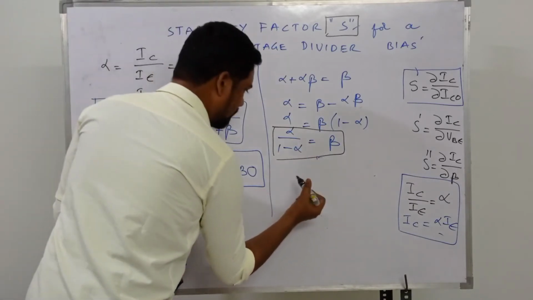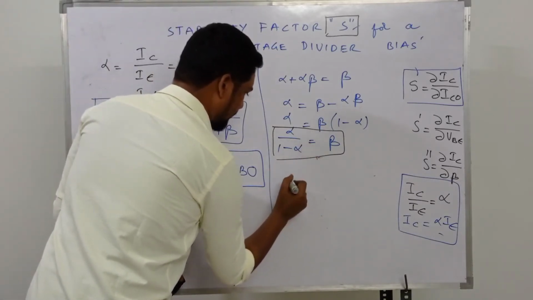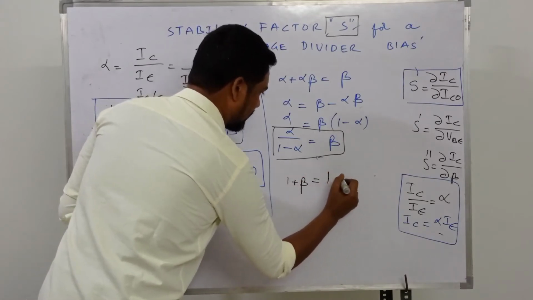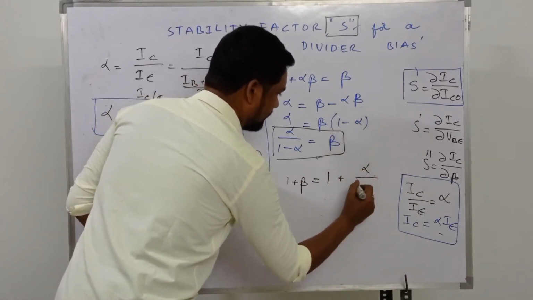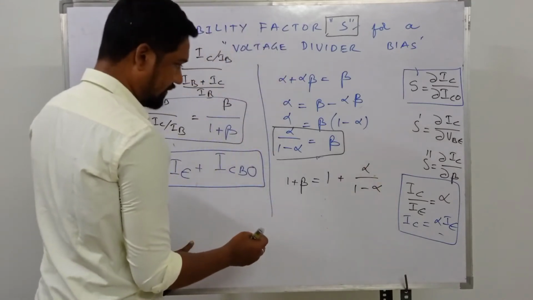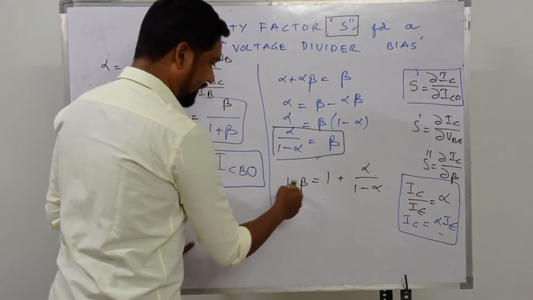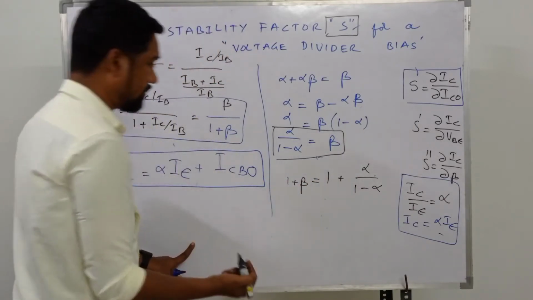So guys, can we go for beta is equal to this one? 1 plus beta is equal to 1 plus alpha by 1 minus alpha. Yeah, we can do it. Beta is equal to alpha by 1 minus alpha, I have added 1 on either side. Will that be a problem?